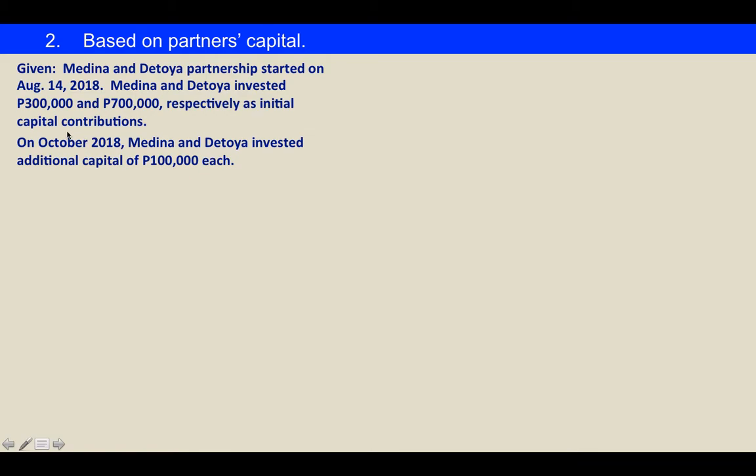So when Medina and De Toya started the business, Medina invested 300,000 and De Toya invested 700,000. Okay? On October 2018, Medina and De Toya invested additional capital of 100,000 each. So Medina invested an additional of 100,000 and De Toya likewise invested 100,000.